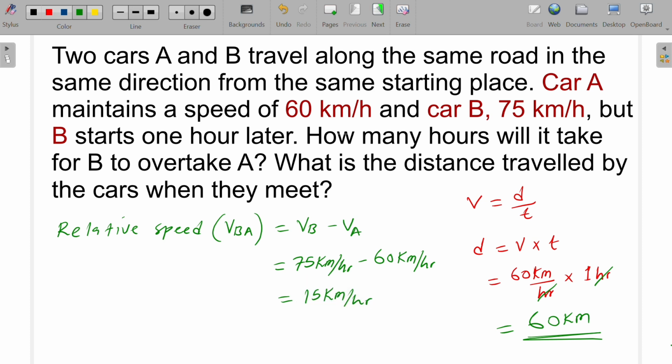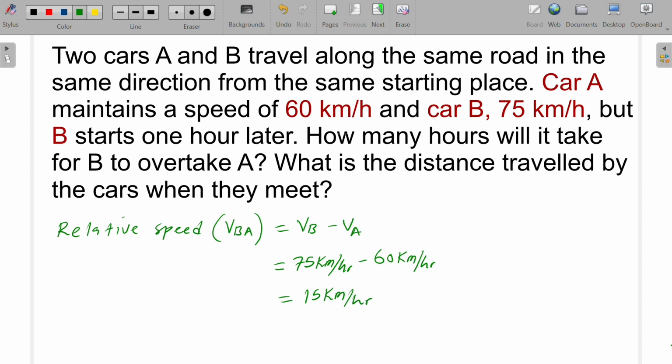After calculating that, we can now go ahead and find the time it would take for this vehicle to overtake the other. So how do we find that? The formula we need for that is time.